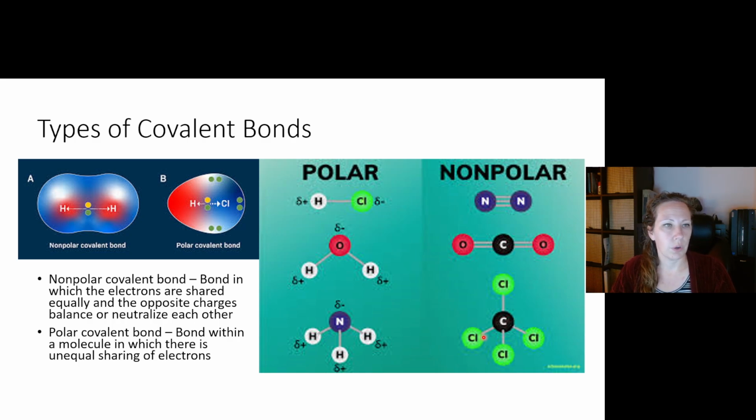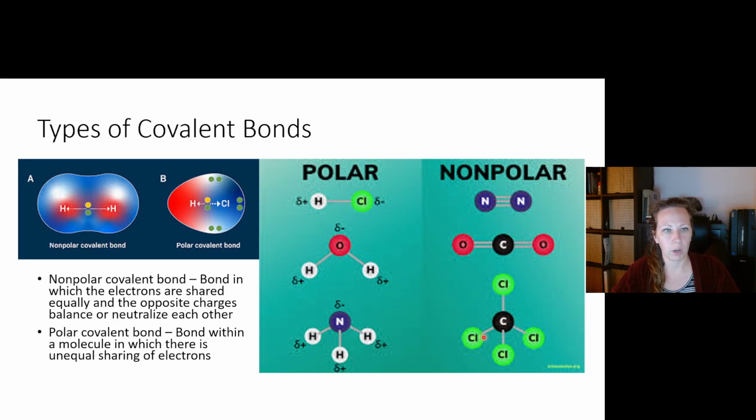And so before I get into the next part, we're going to talk just a little bit about covalent bonds, and then talk about how water is affected here. So we've talked about covalent bonds, how electrons are shared between atoms in covalent bonds. And then there are two subtypes of covalent bonds.